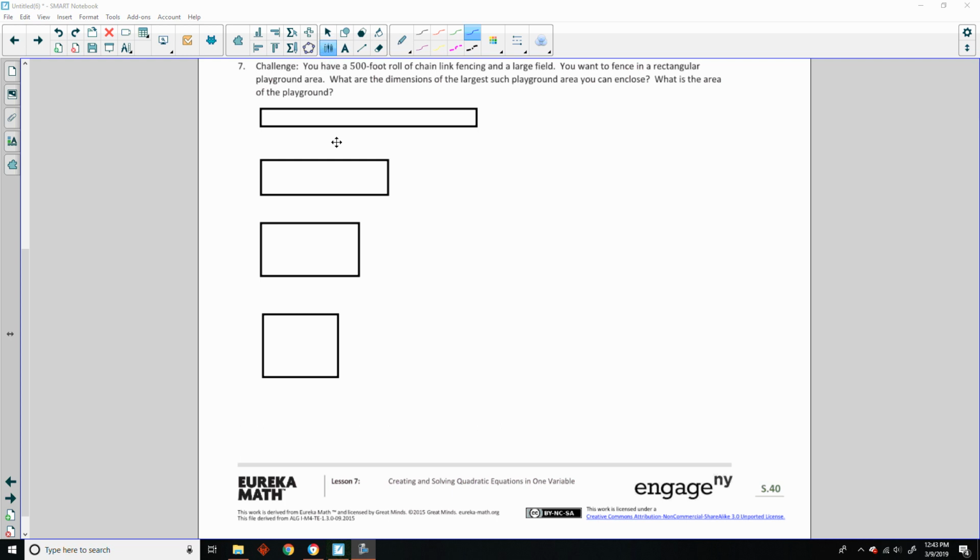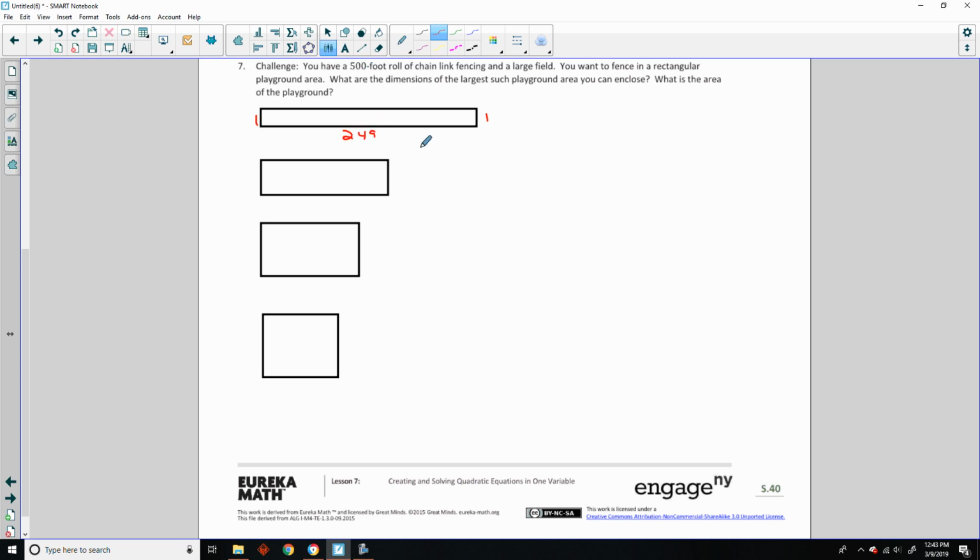Okay, before we look at this, this is a common problem on standardized testing, the SAT, that kind of thing. This is a rectangle, very narrow, and we have a 500-foot roll of chain. Let's just say that's 1 foot and that's 1 foot. So we've used up 2 feet, so now we're down to 498. Half of 498 is 249.